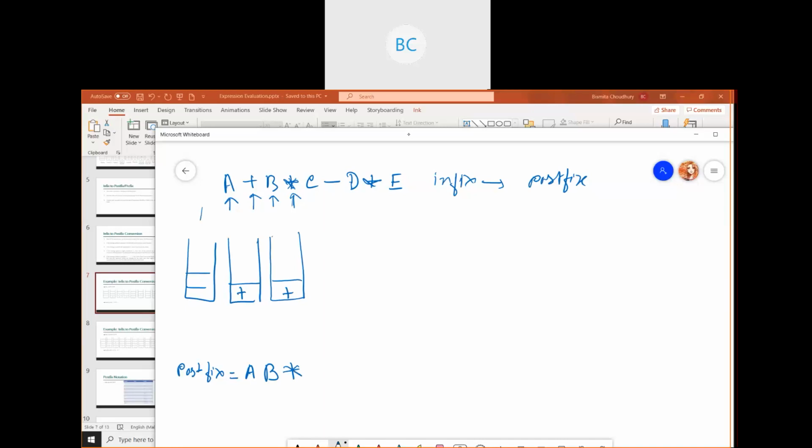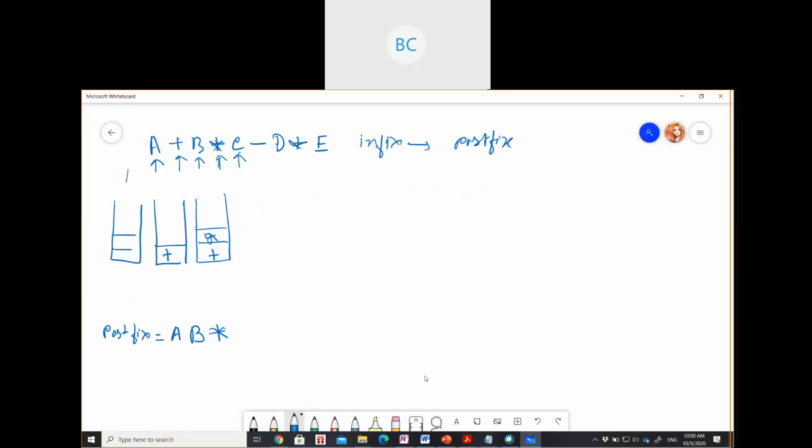You just put the multiplication on the stack, then you move to the next symbol. Why did I do this? Because even though I'm getting a multiplication, we don't know what's after it, whether there is another operator or not. Okay, so we will again scan and keep it here.